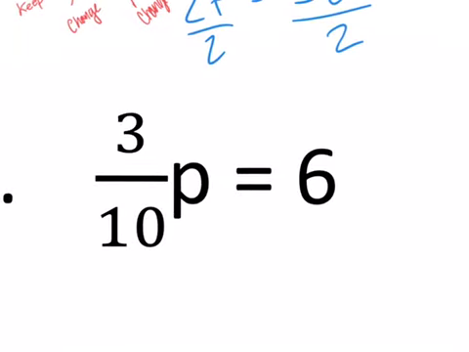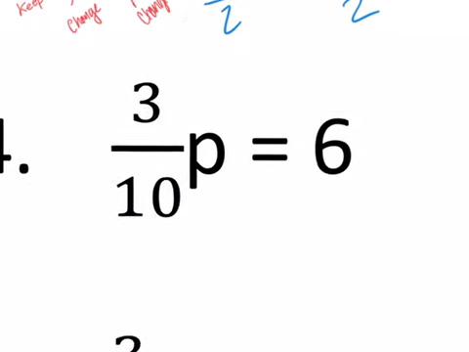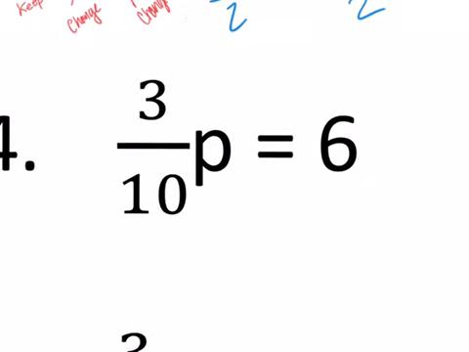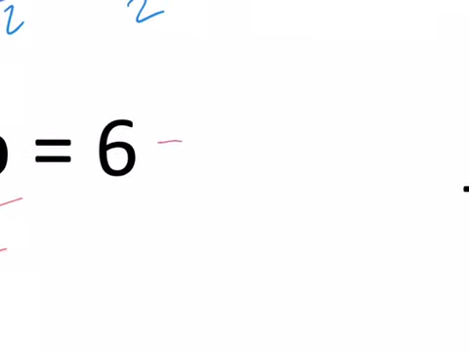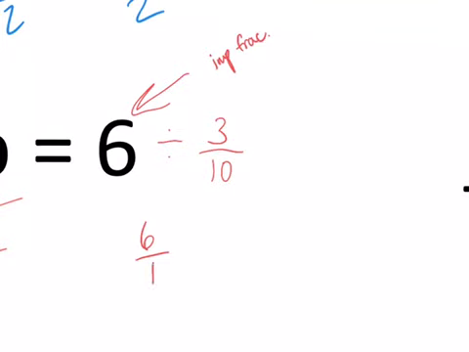Working this one out, I'm going to divide both sides by the fraction. So I divide 3/10 p by 3/10. I divide 6 by 3/10. I need to change this to an improper fraction, 6 over 1. So that's my keep, change.